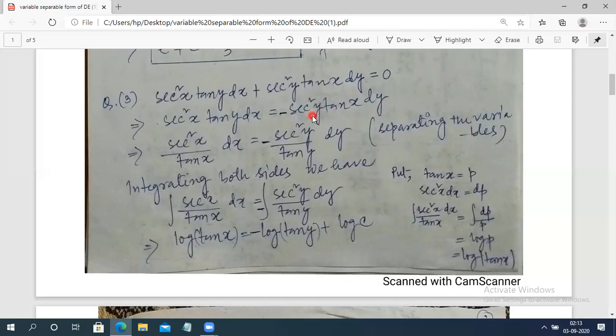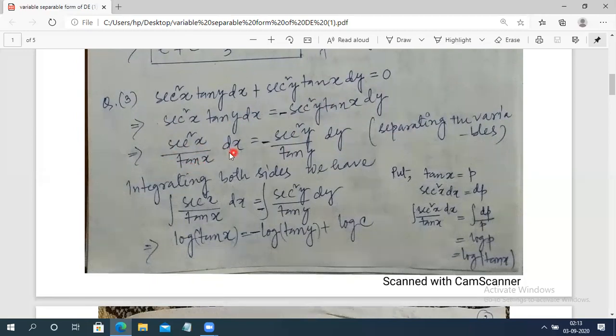Now you can see that for sec square y dy, if we take this tan y in the denominator, then this expression of y and dy can be written on either side of the equation.